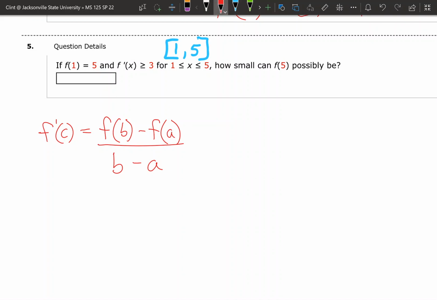So we're saying f prime of c equals f of 5 minus f of 1 over 5 minus 1. F of 5 we don't know. That's the one we're trying to figure out something about. F of 1 we do know. What's f of 1? 5.